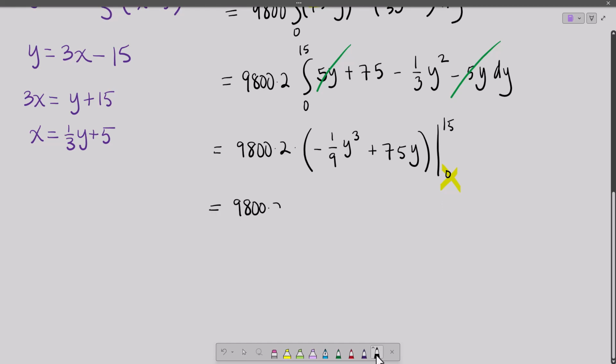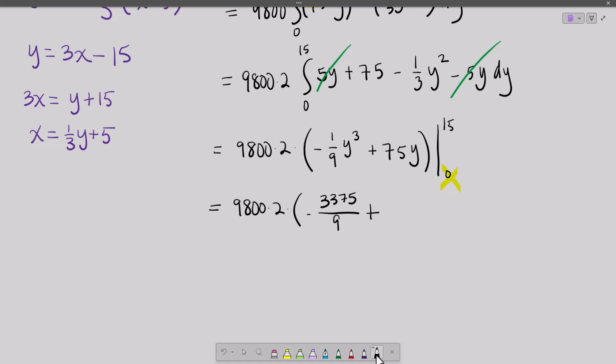See what we end up with. So 15 goes in there, so we're going to end up with 15 cubed, whatever that is, 225 times 15. 225 times 15, 3375. Oh, I guess I could have canceled out a 3. Does not matter.